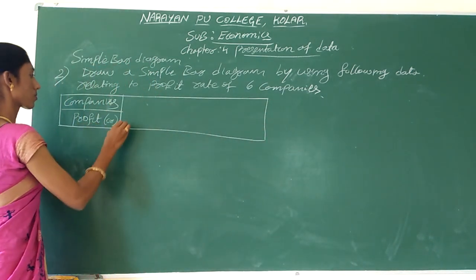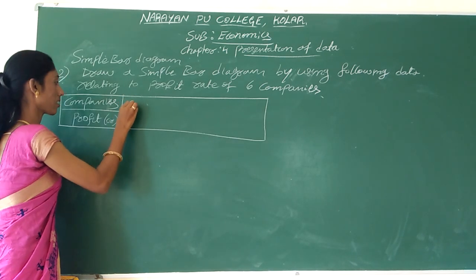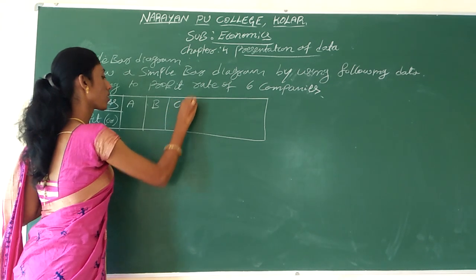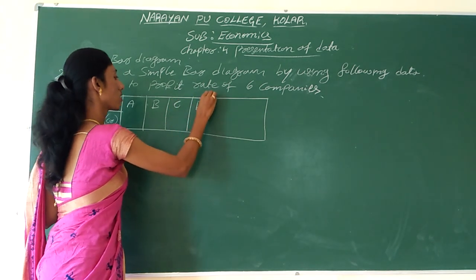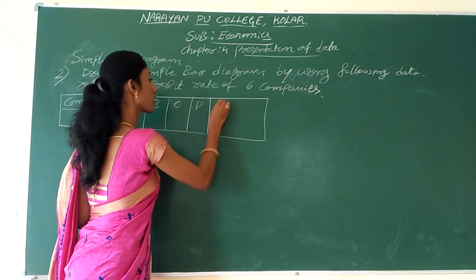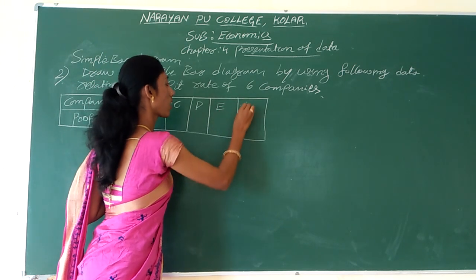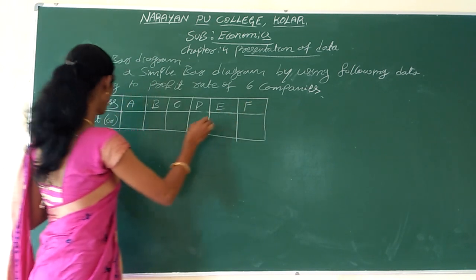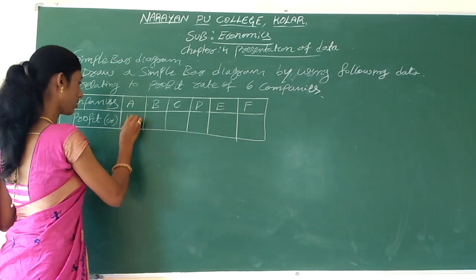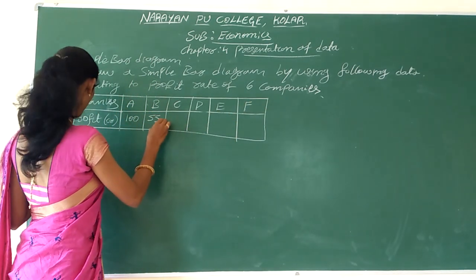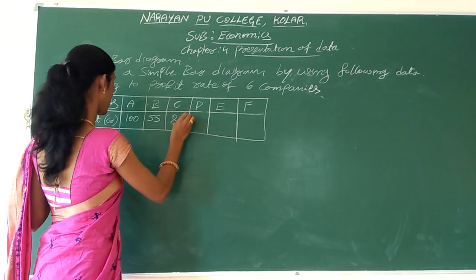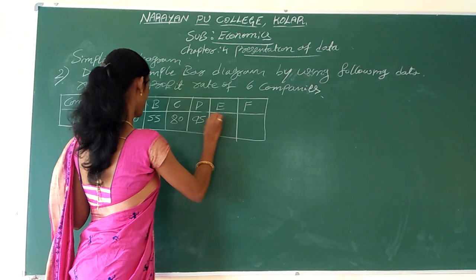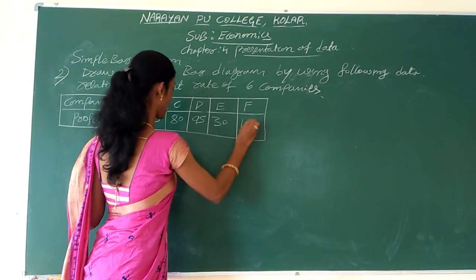The companies are A, B, C, D, E, F, and data is 100, 55, 80, 95, 30, 10.